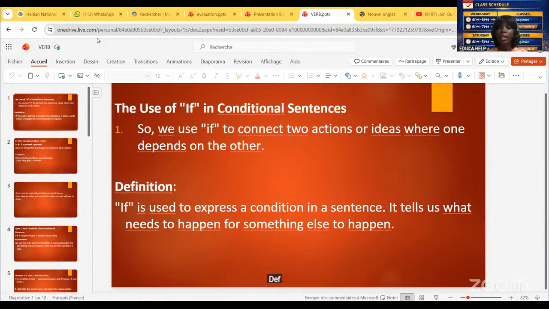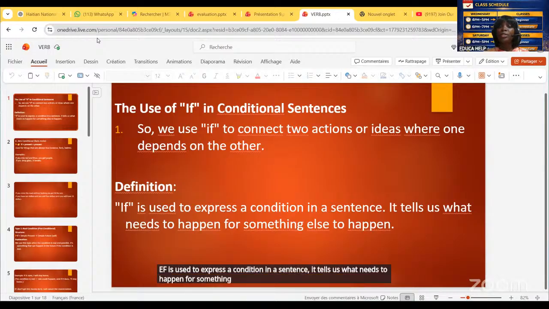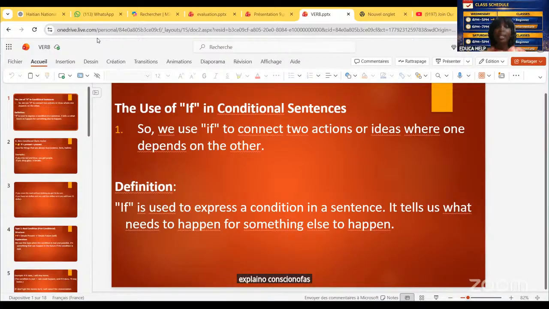Definition: if is used to express a condition in a sentence. It tells us what needs to happen for something else to happen. It gives us the action and then the cause or the consequence of the action.